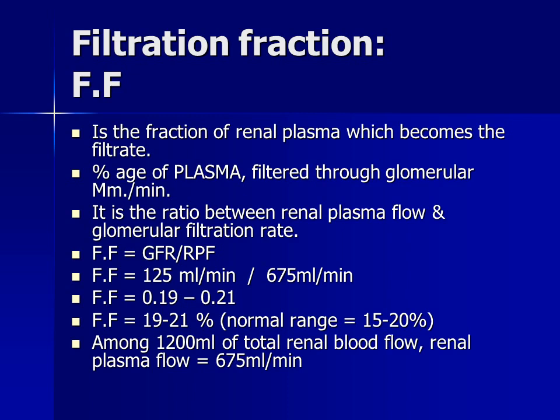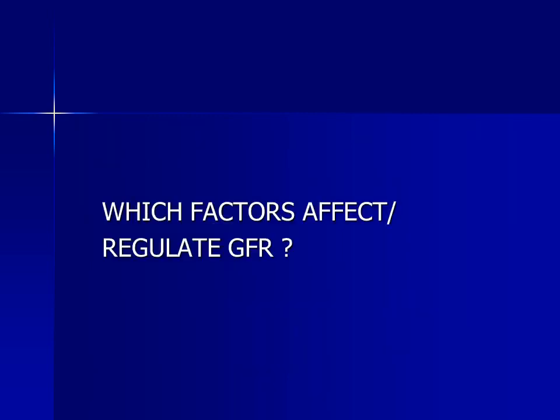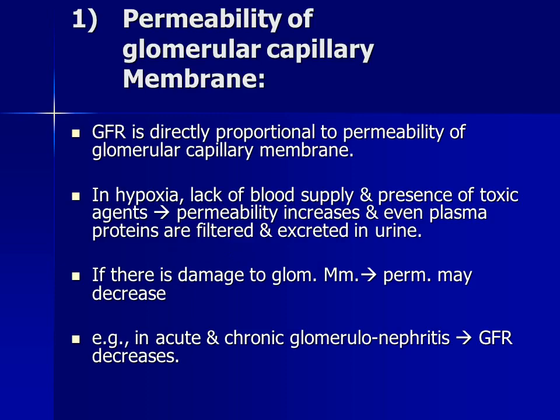That means that 20% of the plasma which flows through the renal capillaries is filtered across the glomerular capillary membrane.